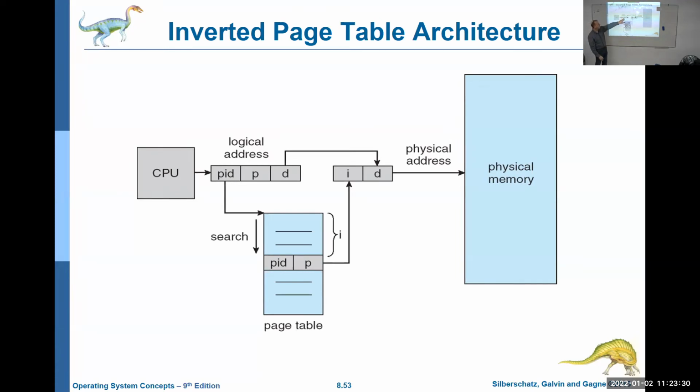I'm looking for P. P is, let's say, 0. I'm looking for the first memory space of my program. But I have no idea where it is. It could be, it's really at 401. But I'm gonna have to go through all of these till I find it. I check all the ones that are marked PID, and I say, oh, this is the one that's the same P as this P. So now I know how far I've gone down, and that tells me how far it is in memory.